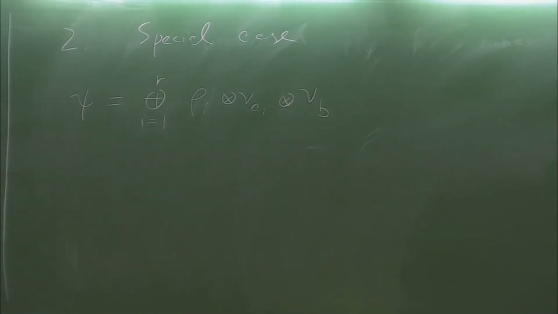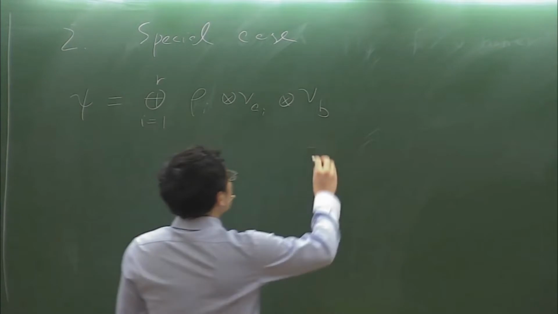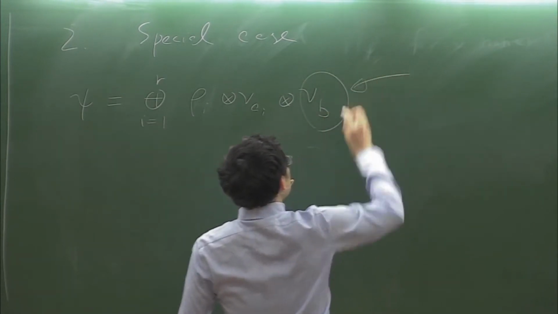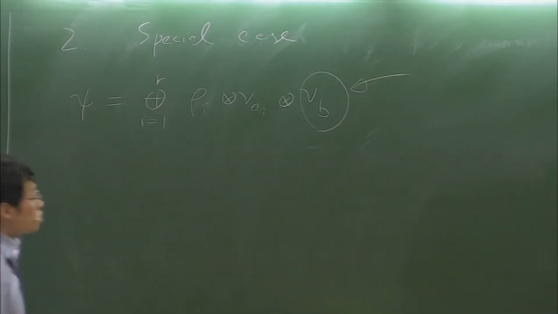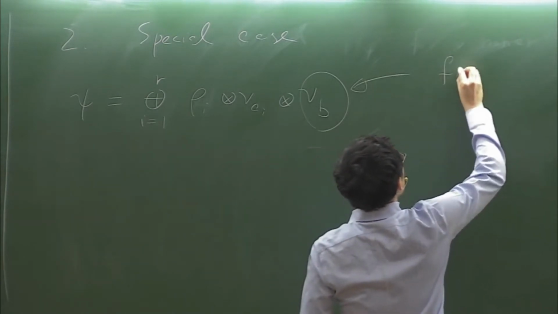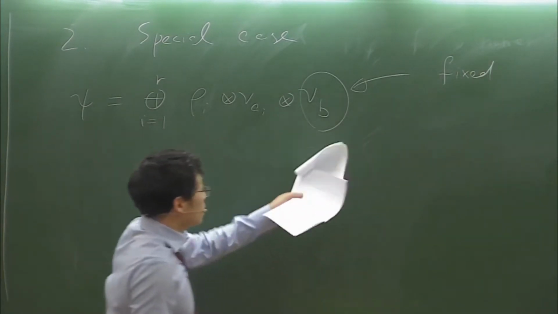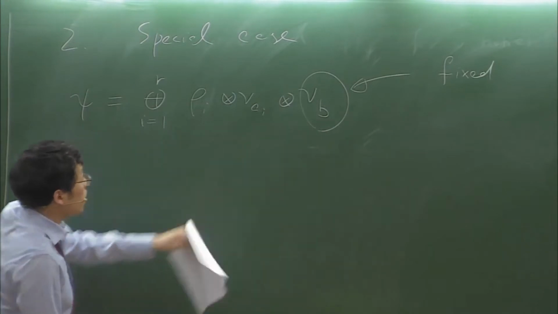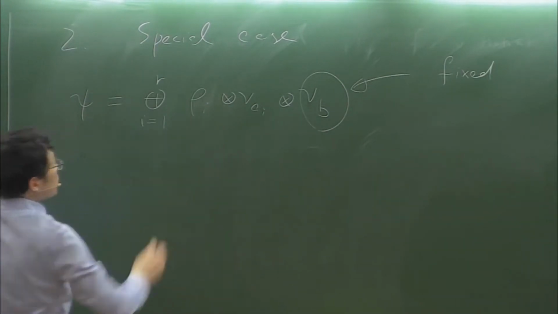Okay. So that's a general form of the parameter. But now I'm going to fix the component for the second SL2, which means I fix the dimension B.